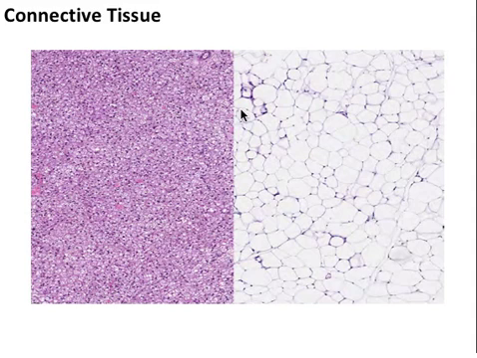One thing to notice about connective tissue in general as compared to epithelial tissue is that connective tissue has an extensive extracellular matrix while epithelial tissue does not. So they're almost polar opposites of each other.